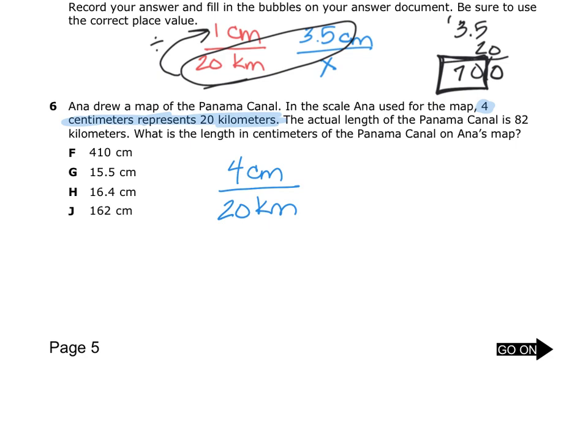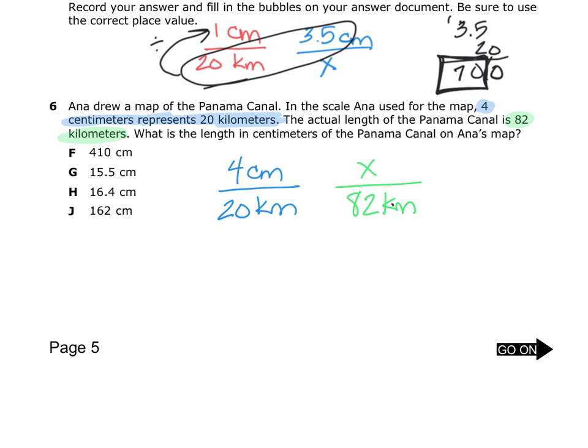And then there's a third number. The third number is 82 kilometers. Remember that kilometers has to go next to kilometers. So I'm going to put 82 km on the bottom.